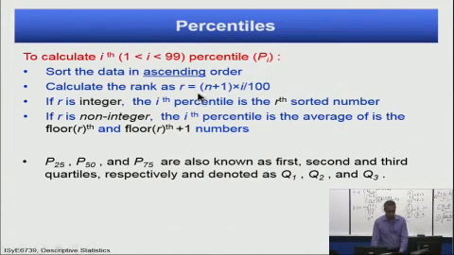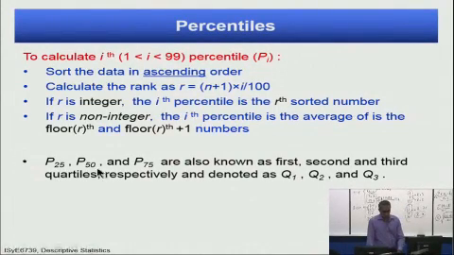Then you calculate the rank, which is (n plus 1) times 25 divided by 100. If this rank is an integer, then the ith percentile is the R-th sorted number. And if it is not, what do you do? You take the average. Okay? It's similar to what we did for the median.